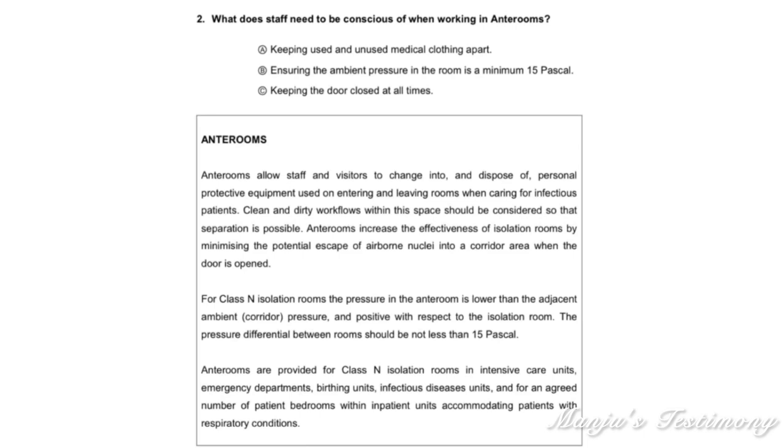This is all about where the anterooms are provided: in class N isolation rooms, the emergency department, birthing unit, infectious unit, bedrooms, and inpatient units accommodating patients with respiratory conditions. We don't have anything about the doors here. Here the option is talking about keeping the door closed at all times, but we missed a sentence while we dealt with the first paragraph.